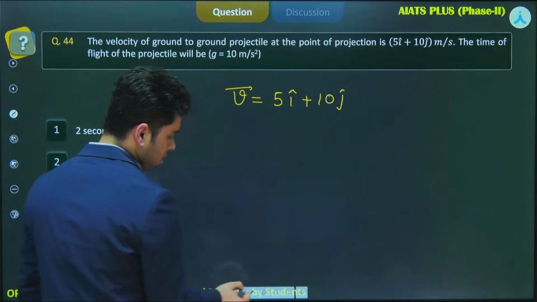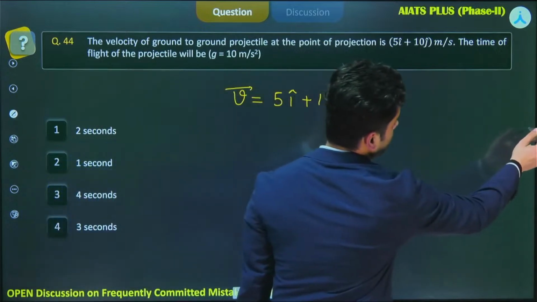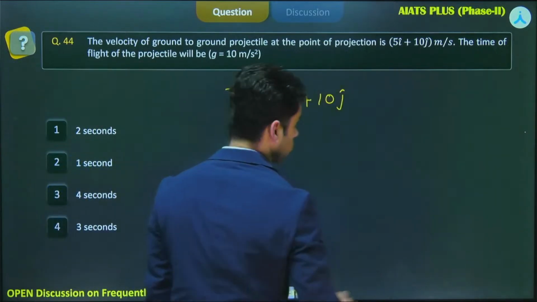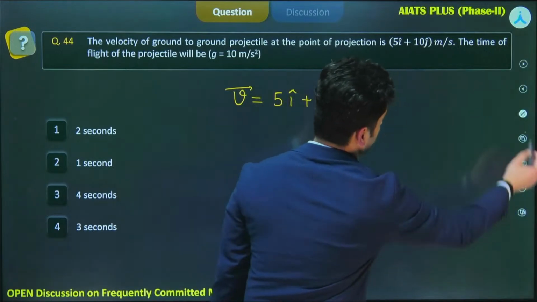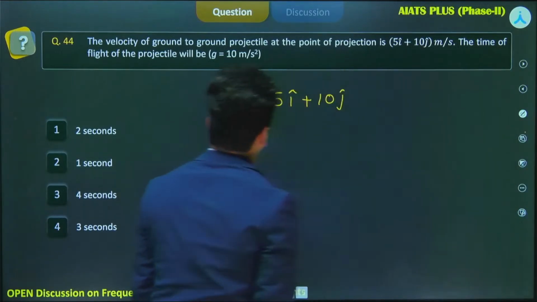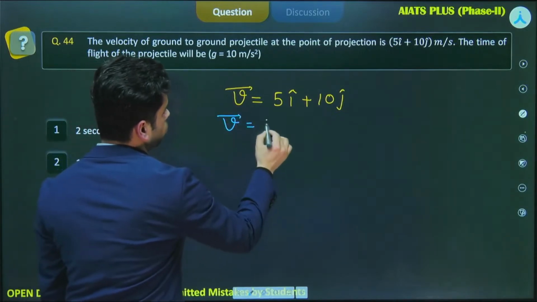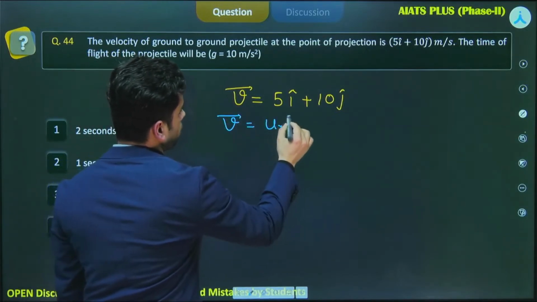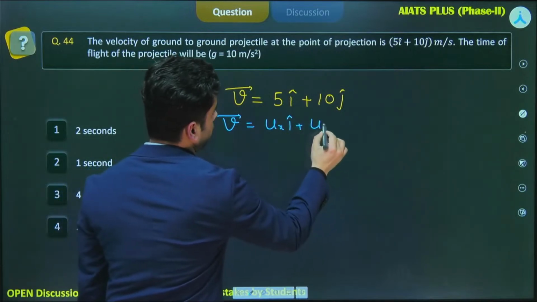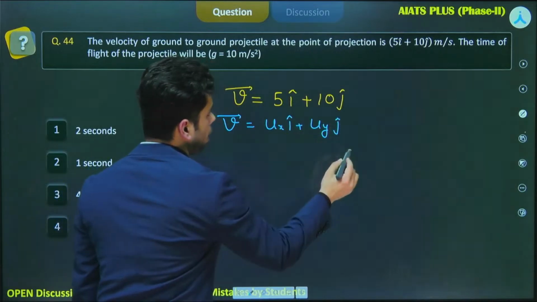So I'll discuss the concept with you till then. See, velocity at the point of projection, it is equal to ux i cap plus uy j cap. What is ux and uy?